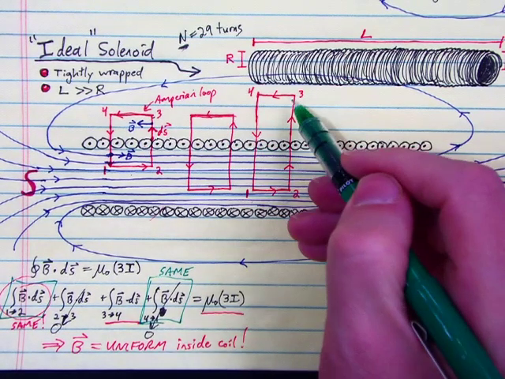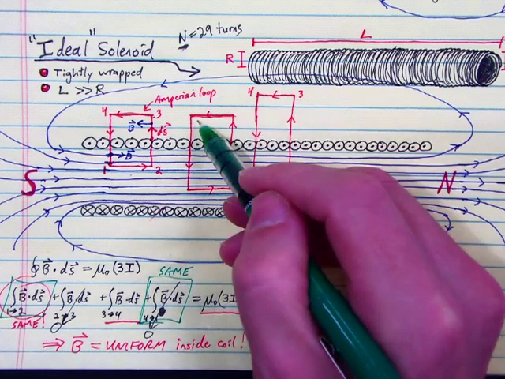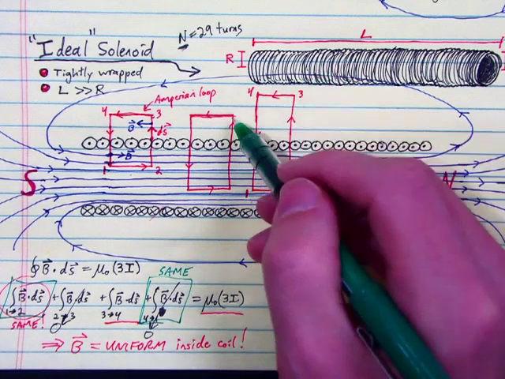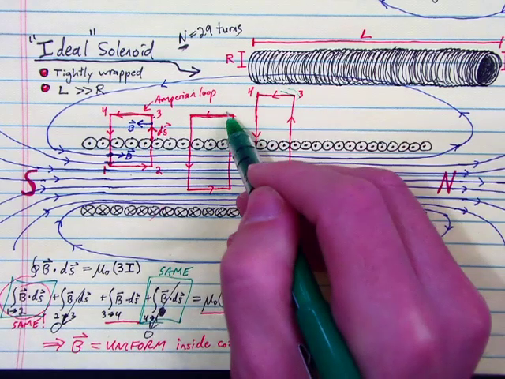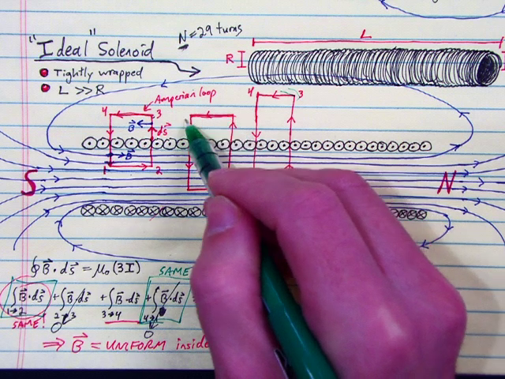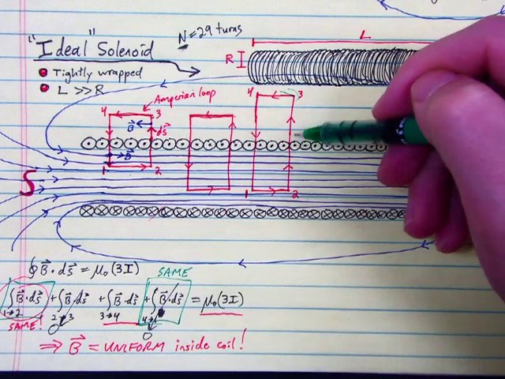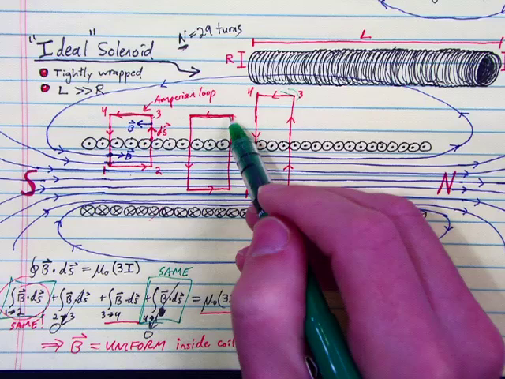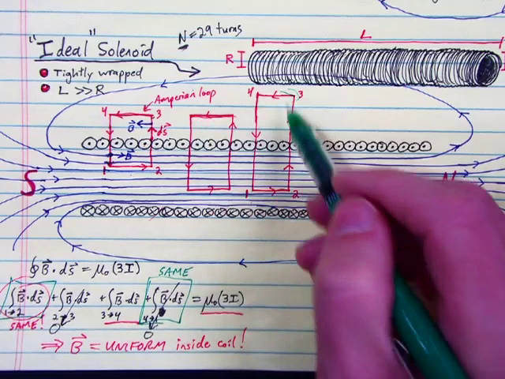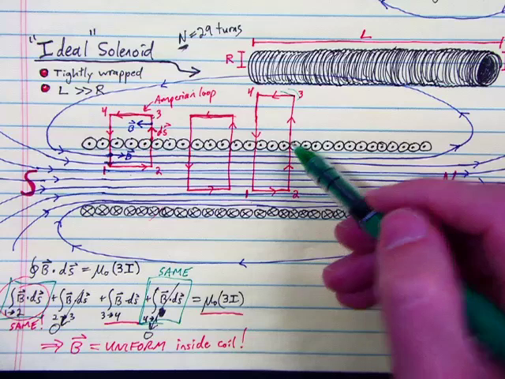And since this length here is the same as that length there, what we're forced to conclude is that the magnetic field here is the same as the magnetic field here. But those are different distances from our coil.